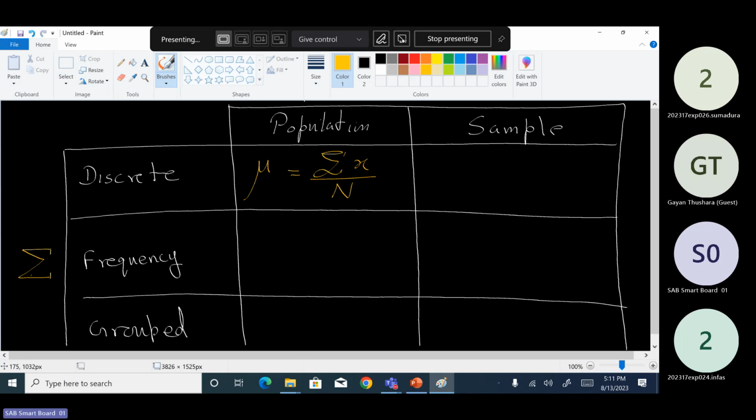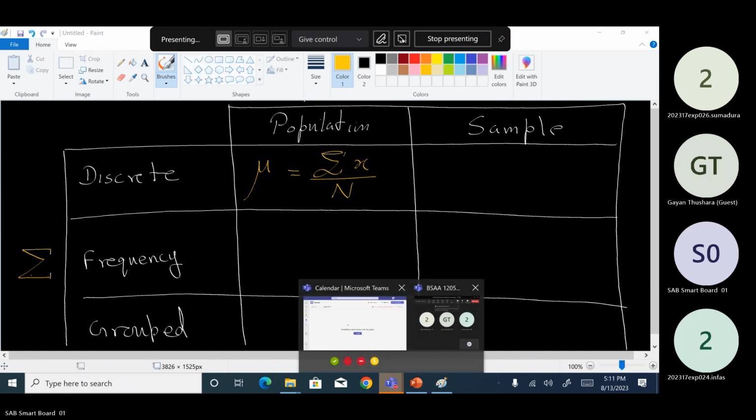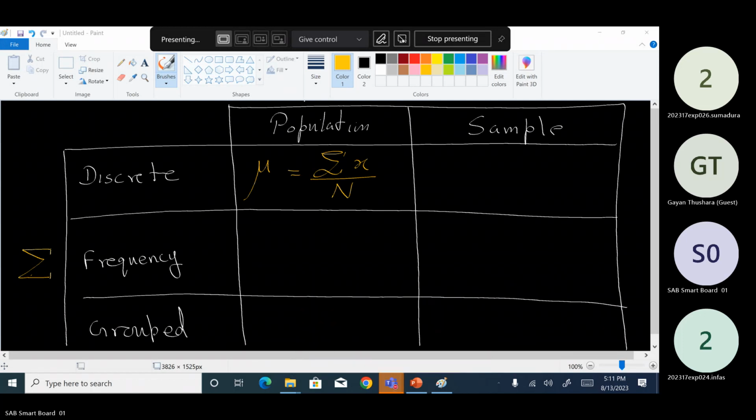If you have sample discrete type, the sample mean is x bar equals sigma x over n.